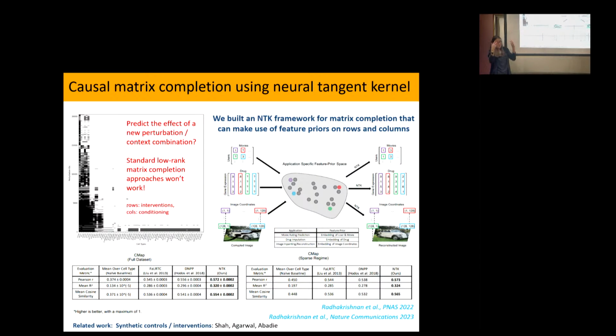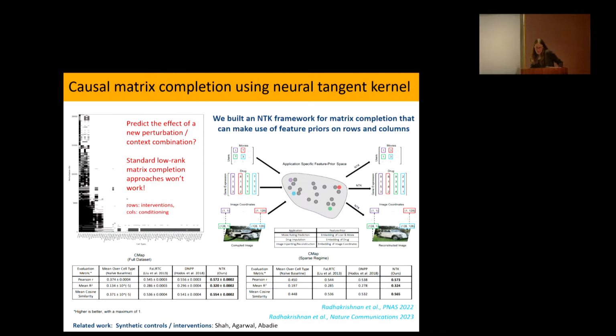If the inner product is large, it makes use of cell lines that look more similar to itself, and it makes use of drugs that look more similar to itself in order to figure out what it should fill in. So it does something very, very intuitive, and you can figure out what it is in fact using in all of its arguments. Okay, so that's one way you can do these causal completion problems without doing something that is simply low rank.